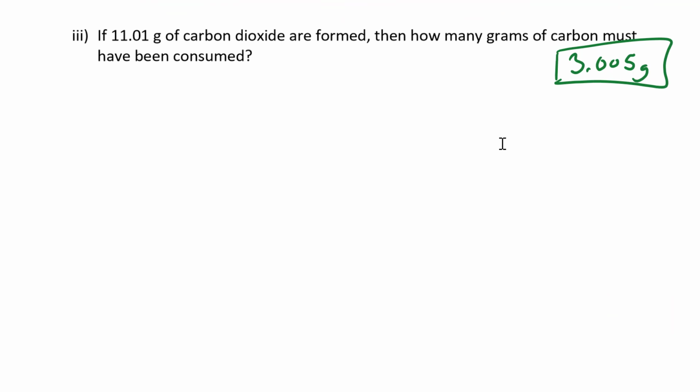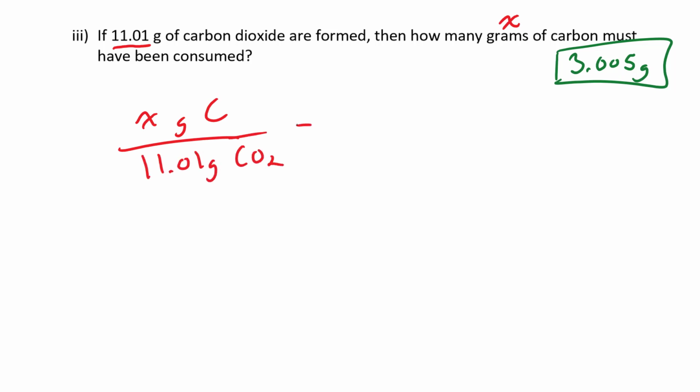If 11.01 grams of carbon dioxide are formed, how many grams of carbon must have been consumed? So I know this. I want to solve for this. So x grams of carbon over 11.01 grams of carbon dioxide, and that's equal to, what was our fraction from up above? Well, in this case, I'm going to put carbon on the top, and CO2 on the bottom. Why? Because I have carbon on the top here, and CO2 on the bottom there.